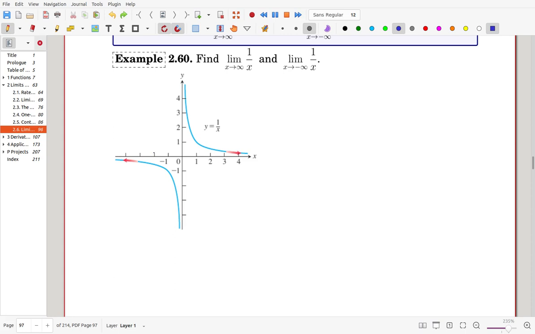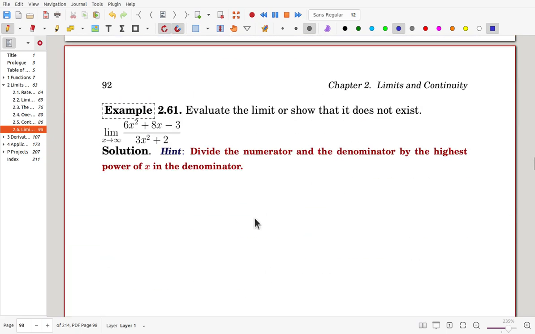And on the right side, as x approaches infinity, the function values again are close to 0, so we can say that the limit is 0, and y equals 0 is a horizontal asymptote. Okay. Let's try to evaluate the limit or show that the limit doesn't exist.